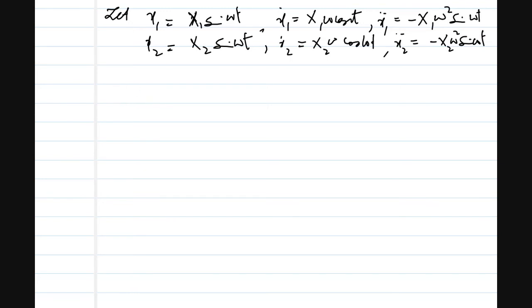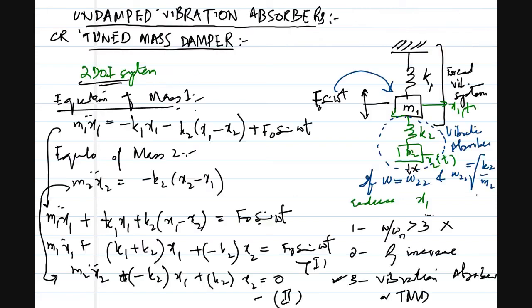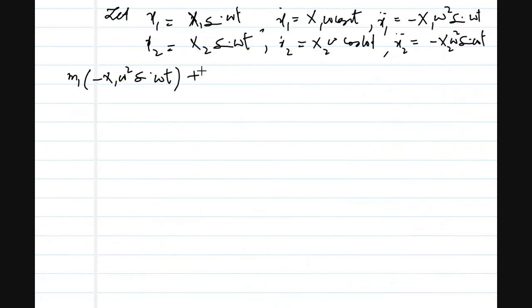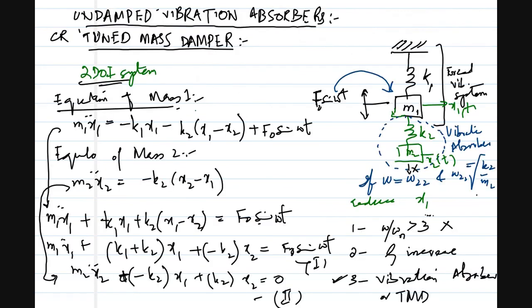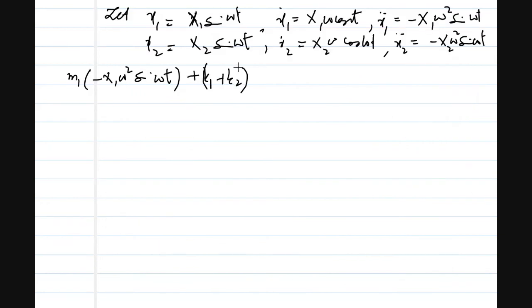Putting the values in the previous equations 1 and 2, it becomes M1 into minus X1 omega square sine omega t plus (K1 plus K2) into, what is x1? It's capital X1 sine omega t, plus minus K2 times X2 sine omega t equals F naught sine omega t.